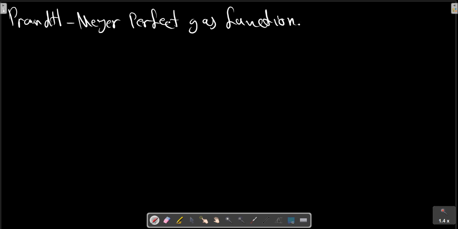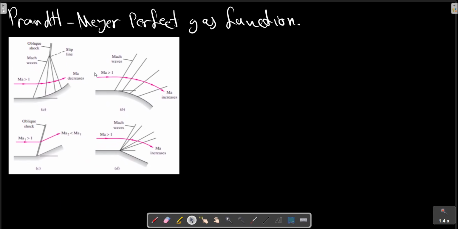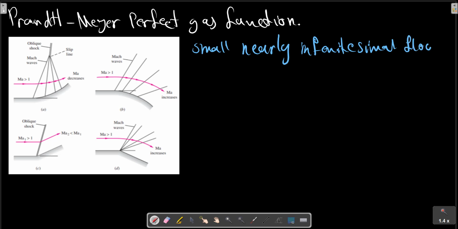Consider a small, nearly infinitesimal flow deflection d theta, such as occurs between the first two Mach waves in the picture here, A and B, as shown in the picture.